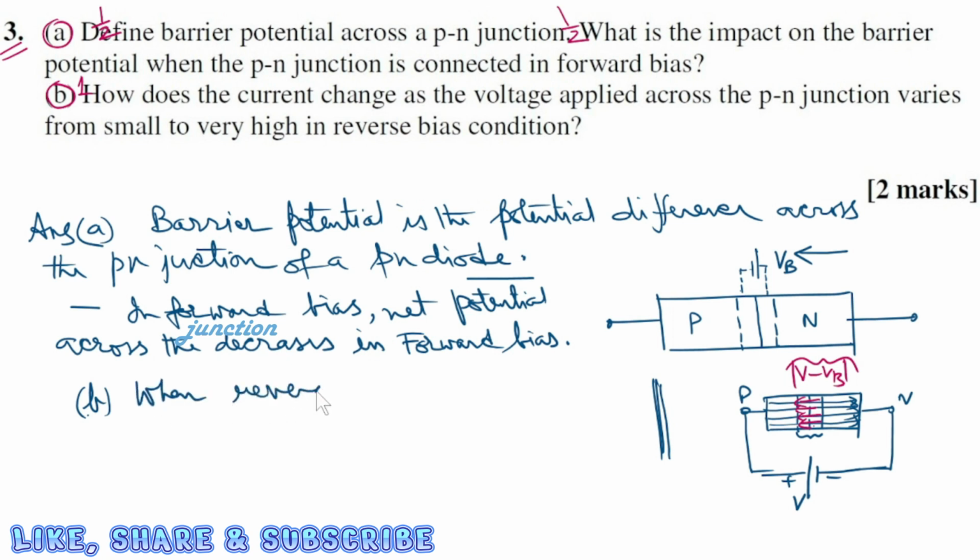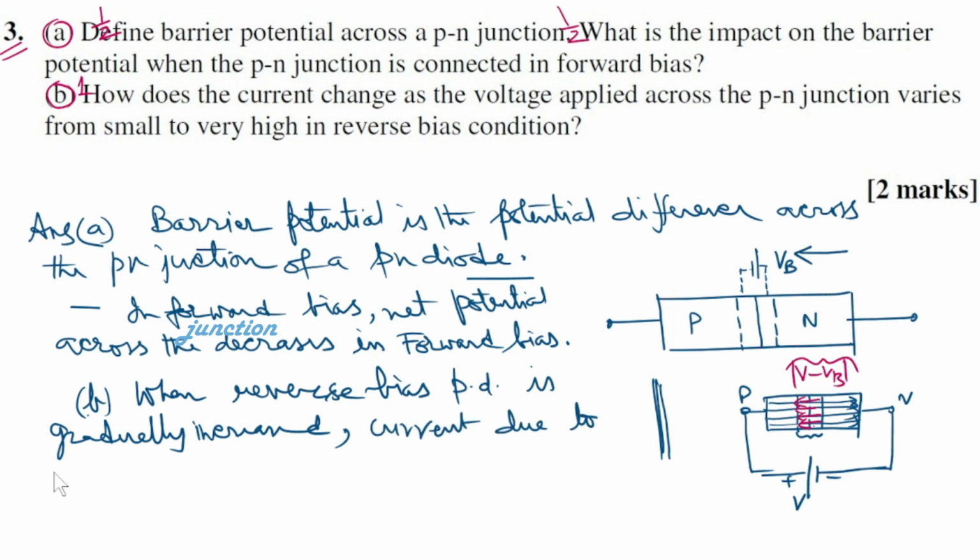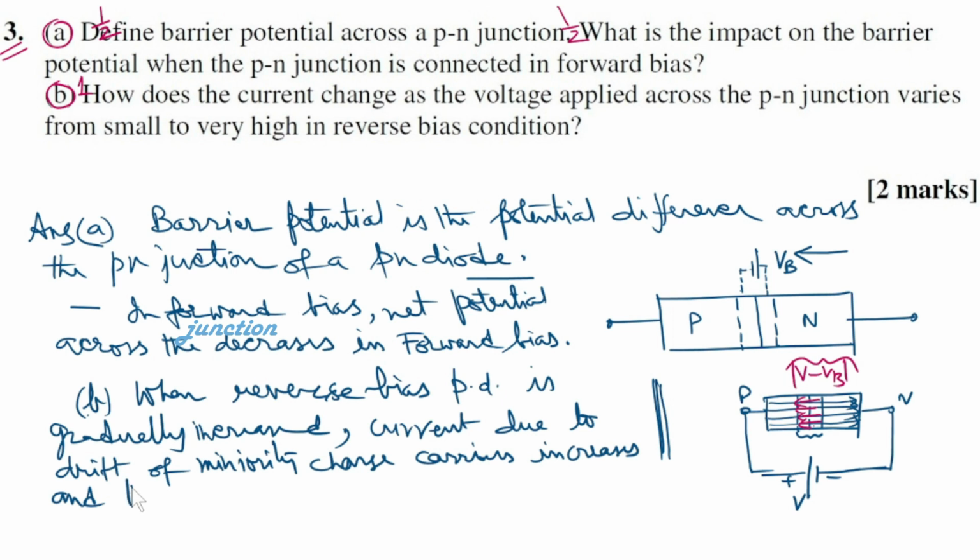When the reverse bias potential difference is gradually increased, then the current due to drift of minority charge carriers increases, and then becomes constant, which is called the reverse saturation current.